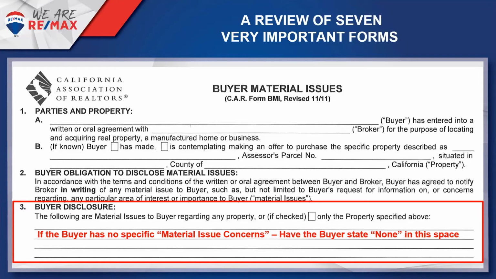Clearly, a buyer is going to need a little help sometimes on understanding what they're supposed to do. If they write none, then they're indicating they understand the form and they're responding. No special issues. Doesn't mean they won't investigate the property. Doesn't mean they won't get a physical inspection. Doesn't mean they can't make repair requests. There's just nothing up front that they're concerned about.